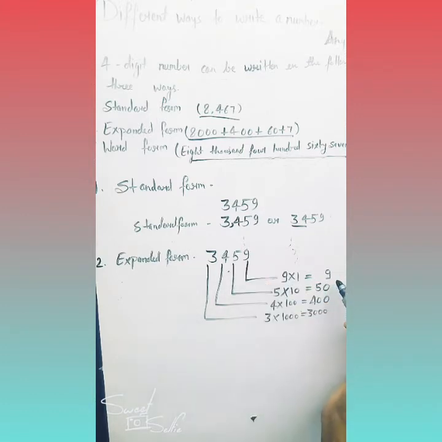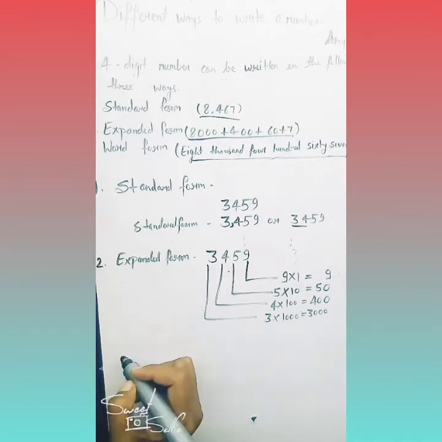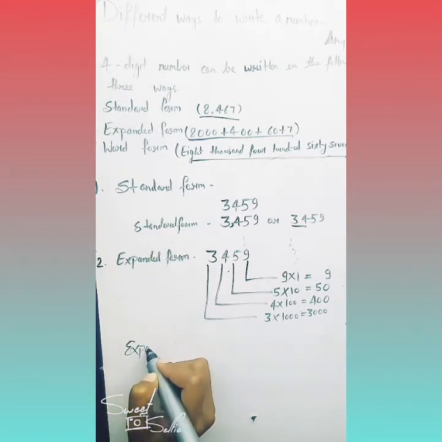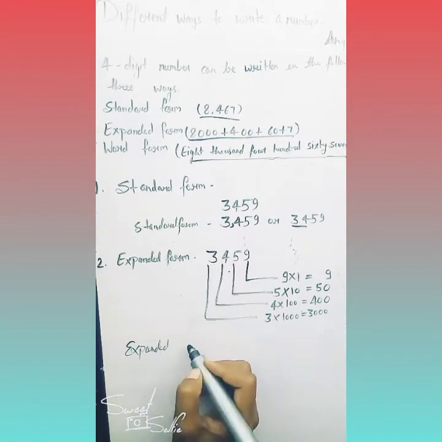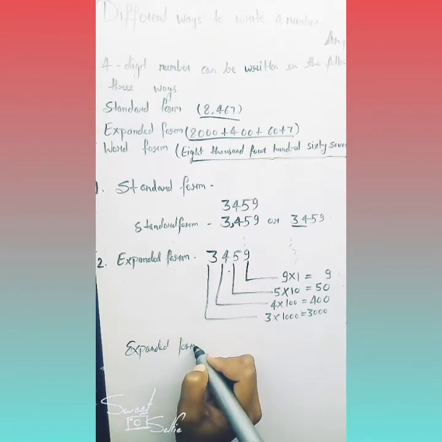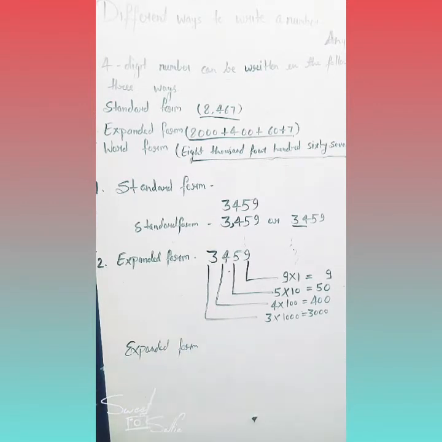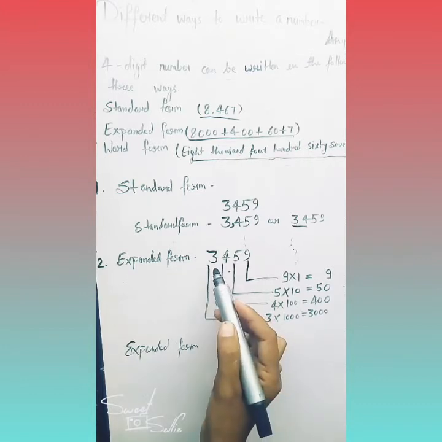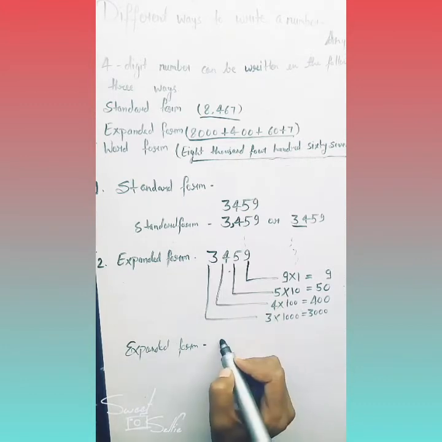Okay, and now it is very simple to write any number in expanded form. So look at this. Now we have to simply put a plus sign between them. Okay, so 3 at 1000 place, so we will write here firstly 3000.